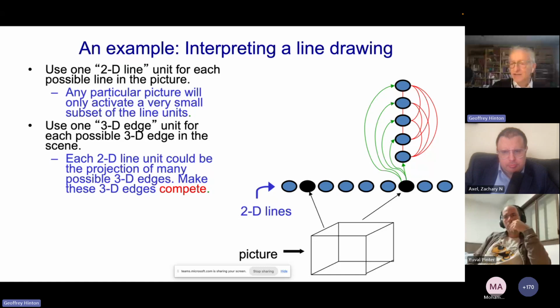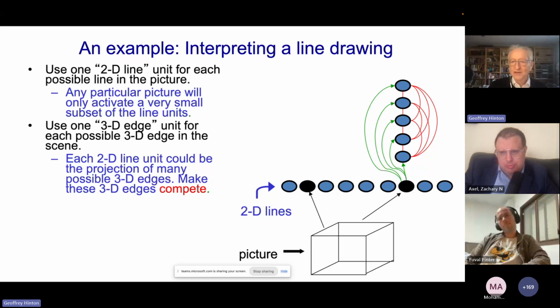And the red lines are connections with negative weights that say each of these edges will inhibit all the other edges. So what you want is a little circuit there that if you activate a line, it'll try and activate these edges, and it'll be happy with any one edge being activated, but unhappy if you activate more than one edge, but it doesn't really know which edge to activate.